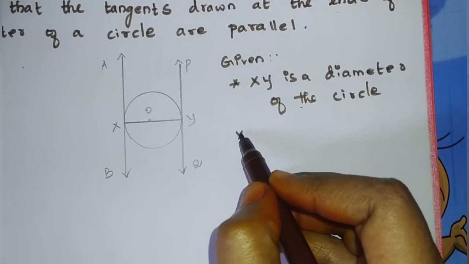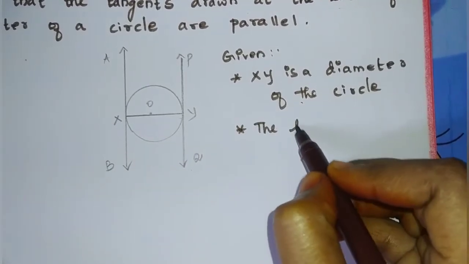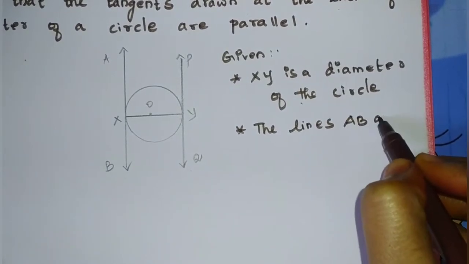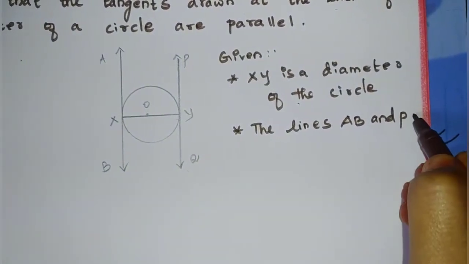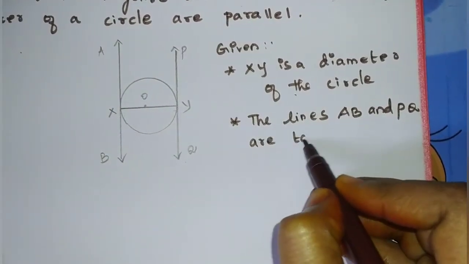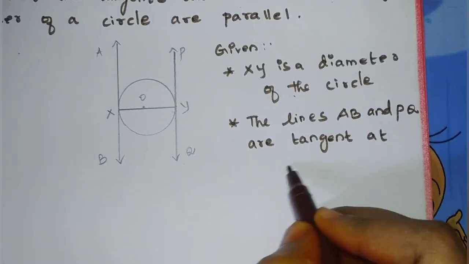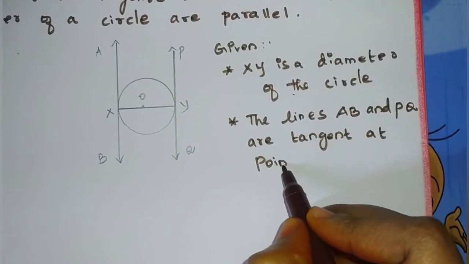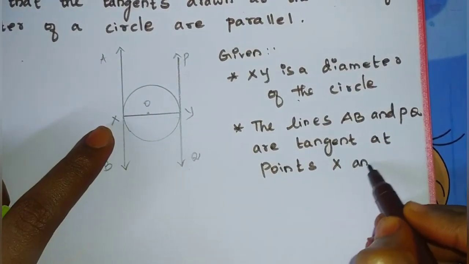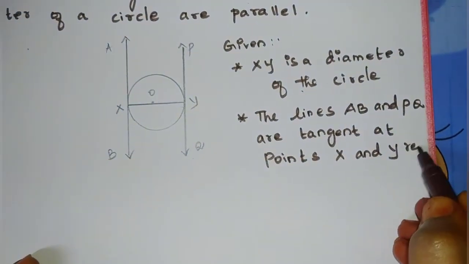Next point, the lines AB and PQ are tangents at points X and Y respectively.